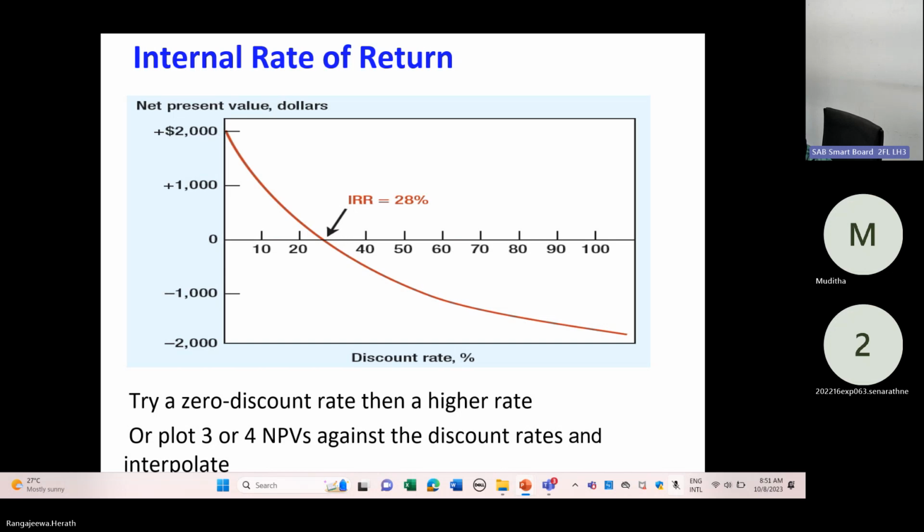When IRR is 28% and the investor's expected rate of return is 20%, you will end up with a positive NPV here. You can recommend accepting the project. So this is how we evaluate a project based on IRR. You compare IRR against the expected rate of return of the investor.